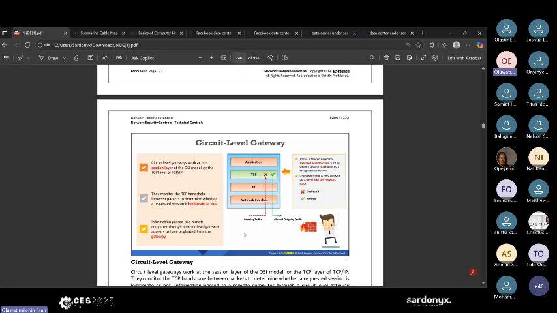Gilbert, please go ahead. Okay, Mr. Timmy, please, I don't understand. You said initially that the transport layer is where error correction happens. Then you said the network is also called the packet.